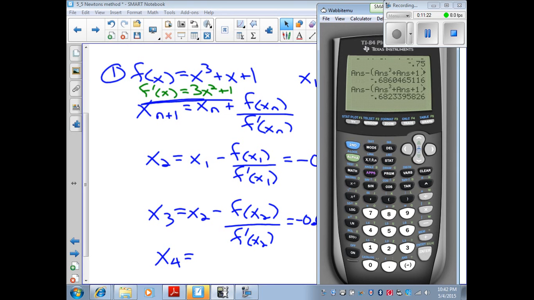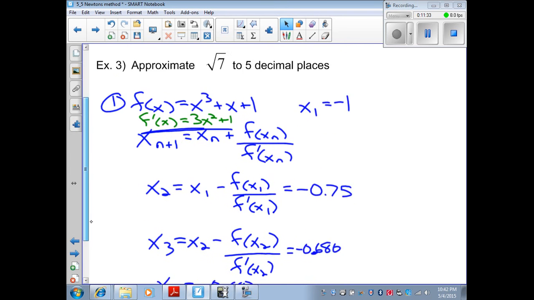Oh, that's not actually a big difference. Negative 0.682. Okay.